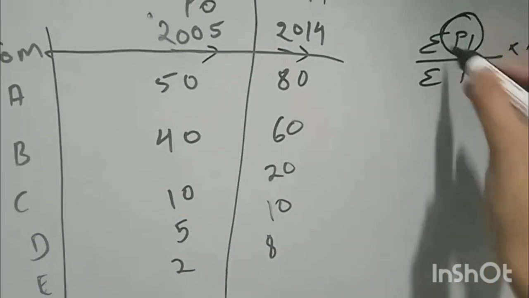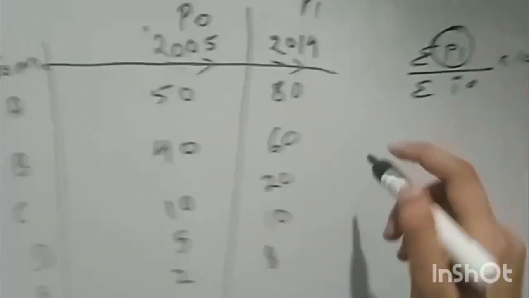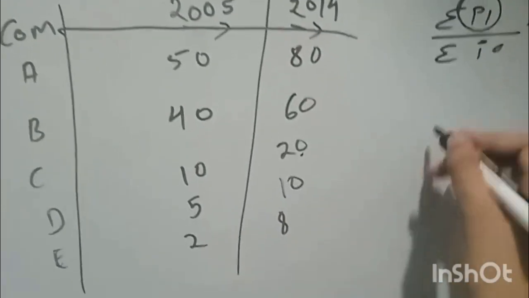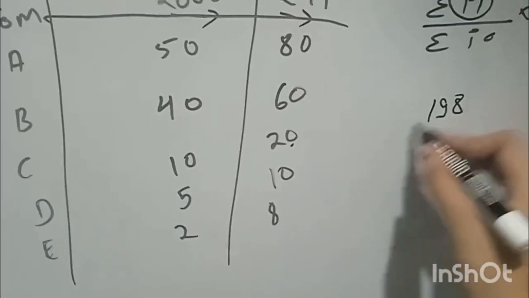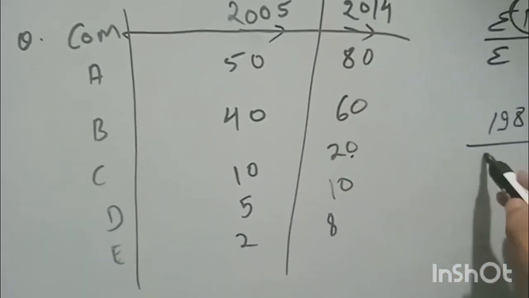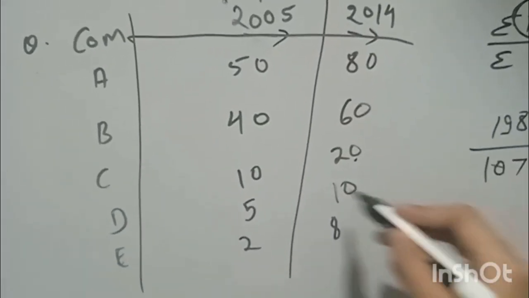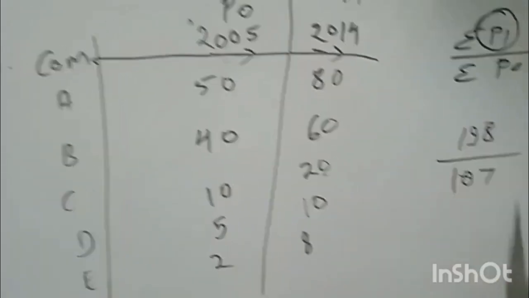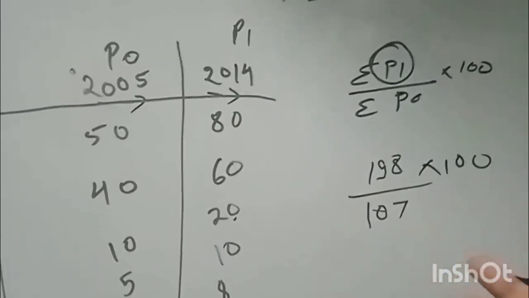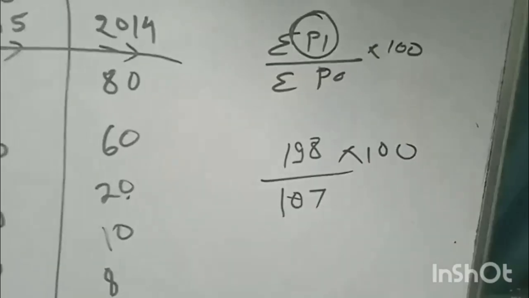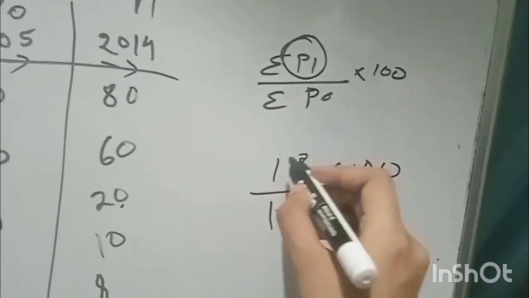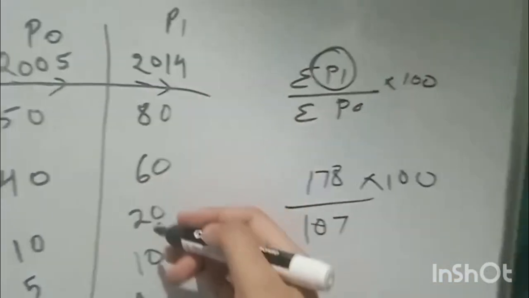The price of current year will be in the numerator: 80, 60, 100, 180, 190 and 198 upon sigma p0, that is 107, I guess, into 100. So you have to multiply it and divide it. Let me just do it quickly. One mistake we made, it is not 198 but 178.